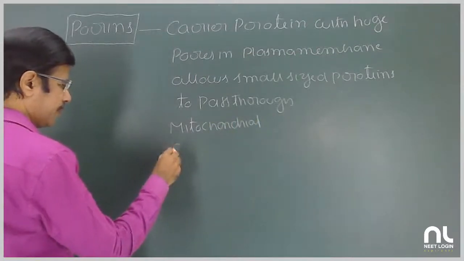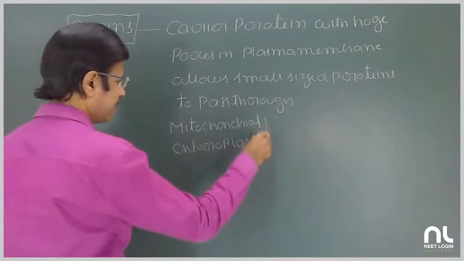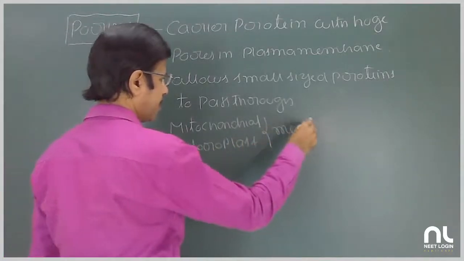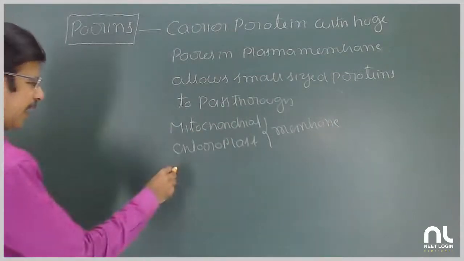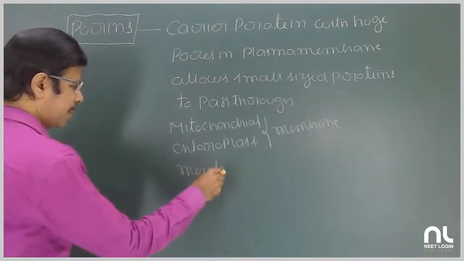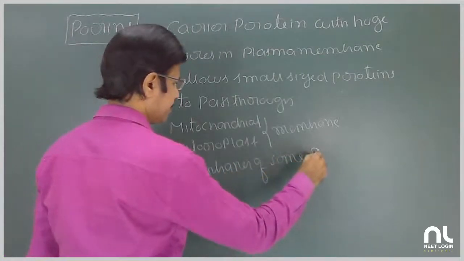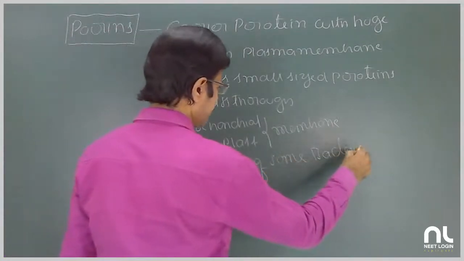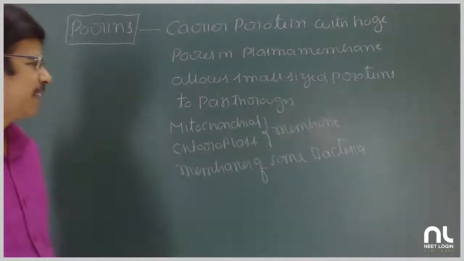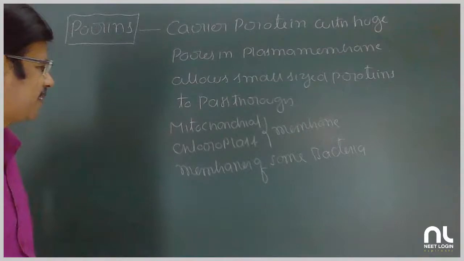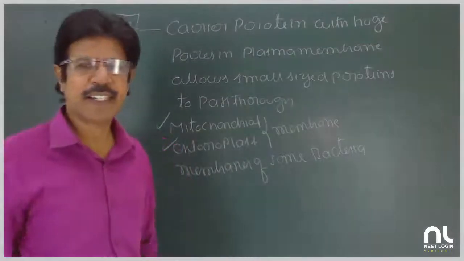A very key point: porins are present in the membranes of mitochondria, chloroplast, and membranes of some bacteria.